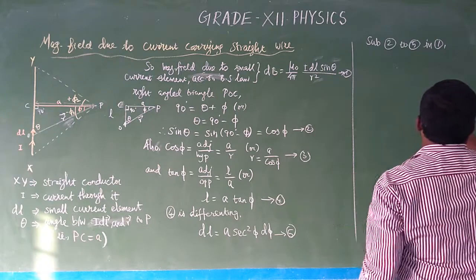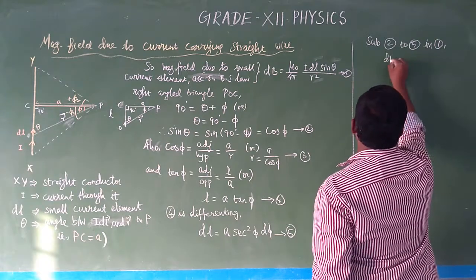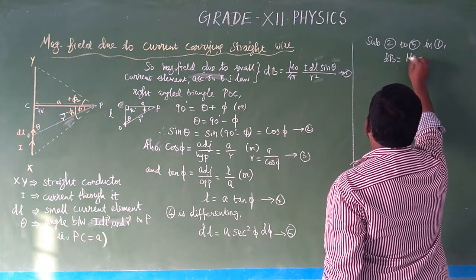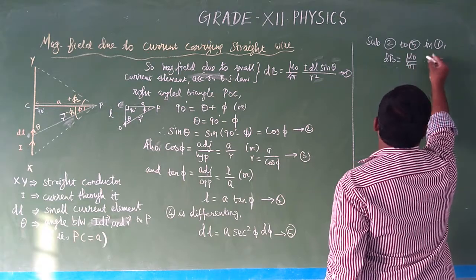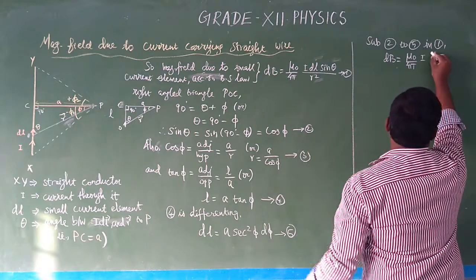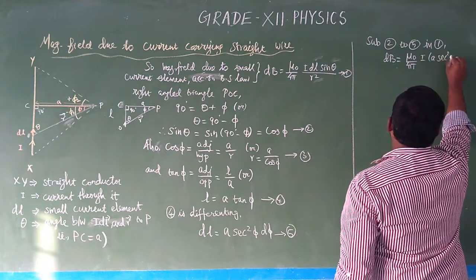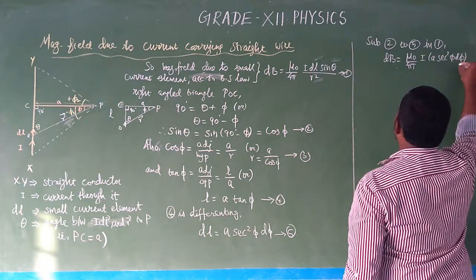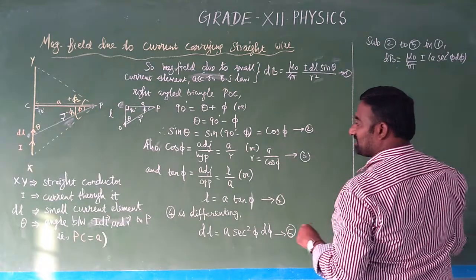எல்லாமே first equation substitute பண்ணா what will we get? dB is equal to mu naught by 4 pi, I constant now, but dl, what is the dl? A secant square phi d phi. The next one is sin theta.